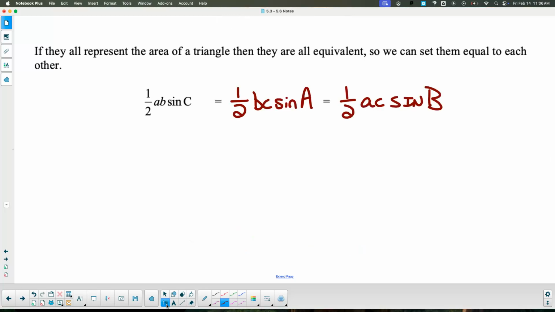So I'm going to multiply that by 2, that by 2, and that by 2. If I do that, what happens to the 1/2? It's gone.